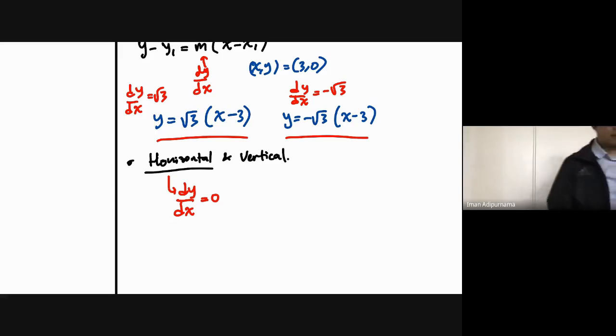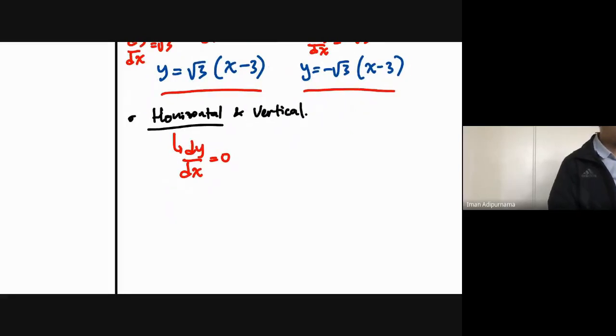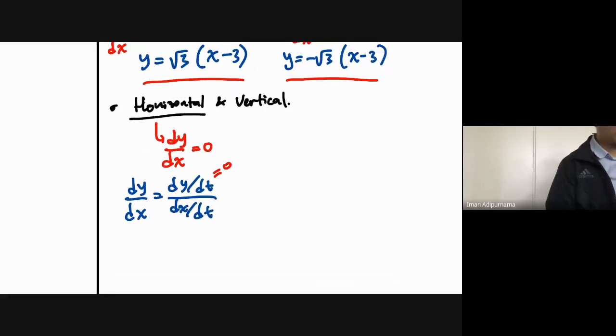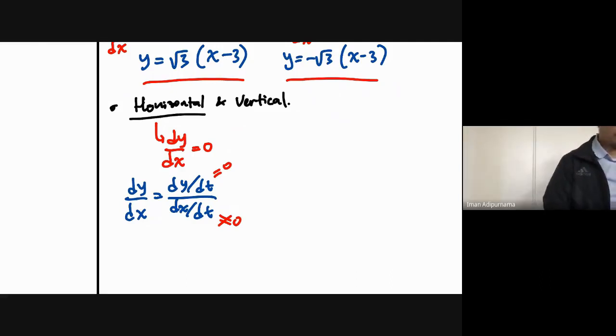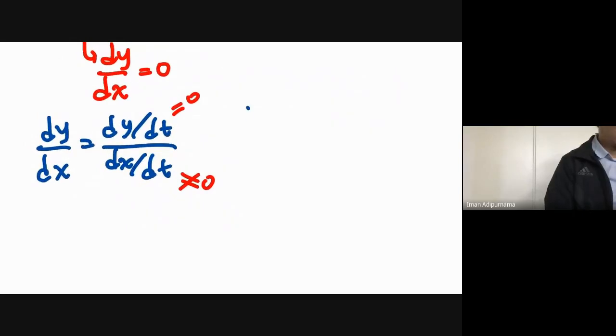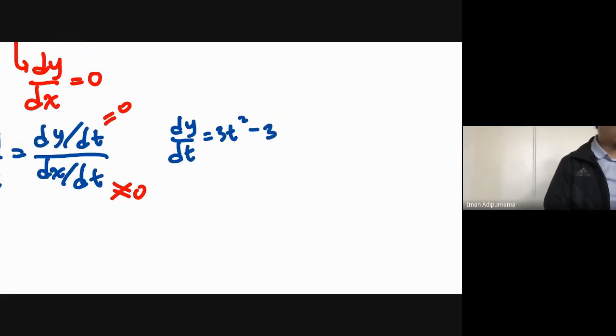Okay. Now, how do we get this 0? Let me break this down into two parts, dy and dx. So this should be 0. This should be not 0. Okay. So dy over dt is 3t squared minus 3.